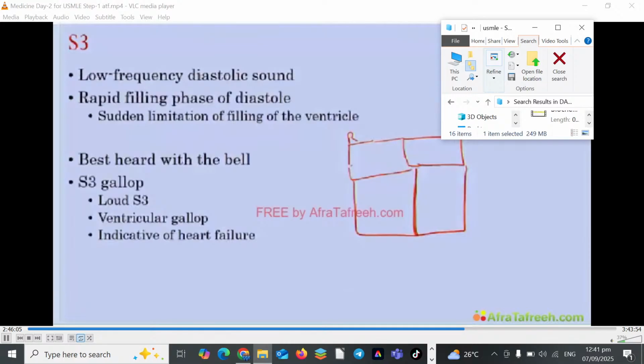Flow can happen from a high pressure chamber to a low pressure chamber. When the left atrium fills up during diastole, it pushes out all its blood into the left ventricle. So if it had 100 ml of blood, it starts flowing into the ventricle.